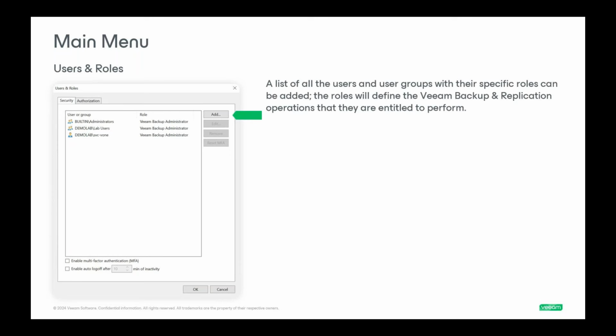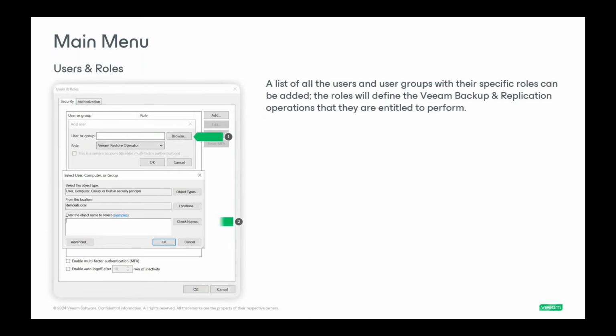If you click add, you can add users or user groups, and you can give them specific roles. So if we go ahead and hit that we want to add a user, you would just click browse or type in their name, and then you would give them the roles.